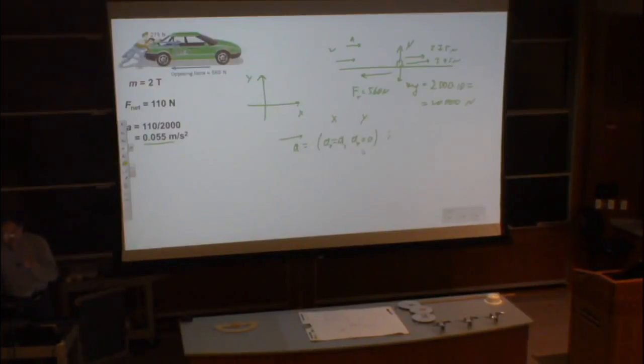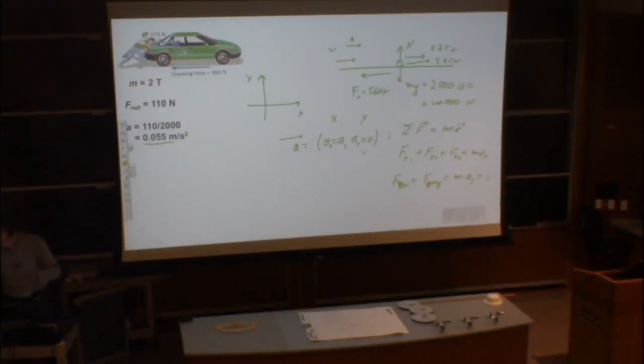From Newton's second law, the sum of all forces is equal to m times a. We know how to use vectors. We just write Fx1 plus Fx2 plus Fx3 equals m times ax, and for y, F normal plus Fg. Right?